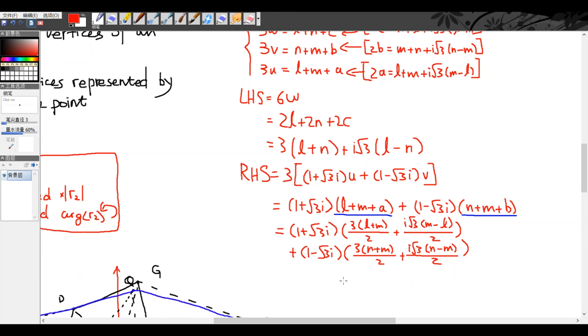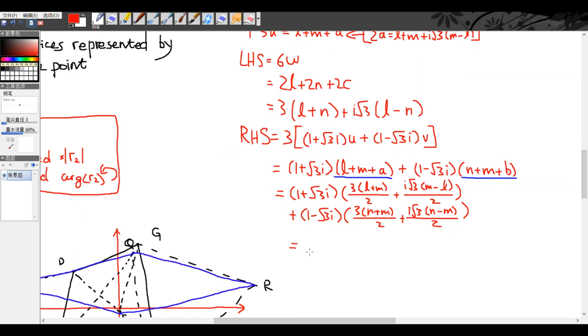And now we extract our one half term in front of our right hand side, and we substitute those things in.